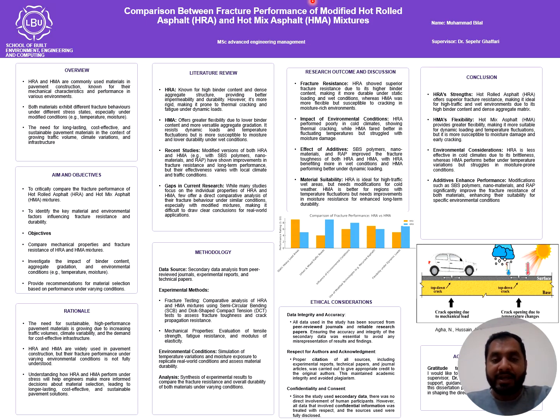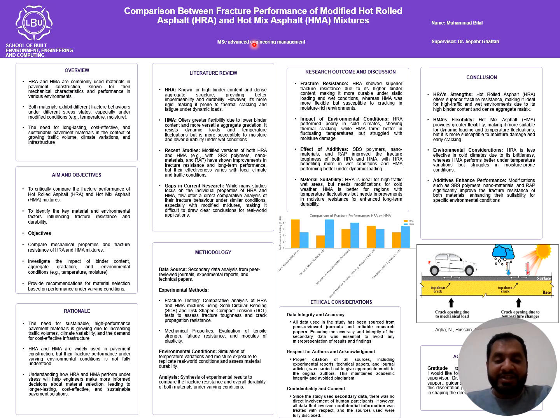Currently, HRA and HMA are widely used in pavement construction, but their fracture performance under different environmental conditions is not fully understood. By studying how these materials perform under stress, engineers can make better decisions about material selection, leading to pavements that are more durable, cost efficient, and sustainable.